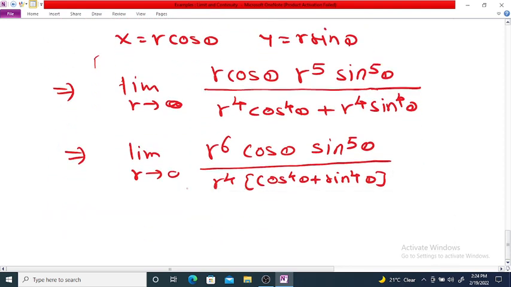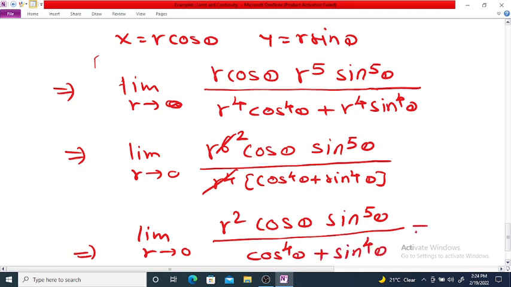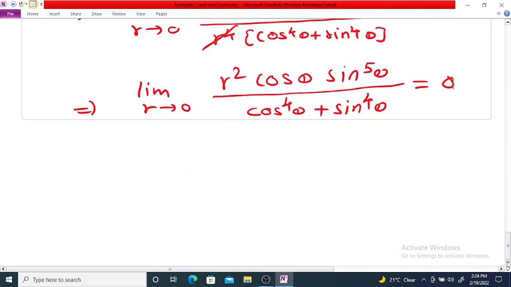If we cancel this r raised to 4, we get limit r tends to 0 of r square cos theta sin raised to 5 theta divided by cos raised to 4 theta plus sin raised to 4 theta. So this is equal to 0 divided by cos raised to 4 theta plus sin raised to 4 theta. So the limit of this function is equal to 0.